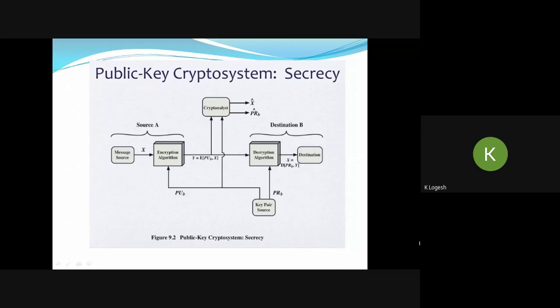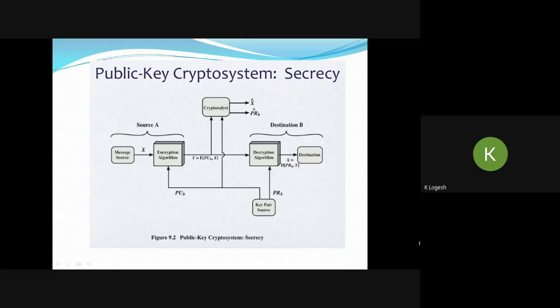This Y, or ciphertext, is transmitted to the receiver end. The receiver will decrypt the message using his own private key, because the message is encrypted with his public key.